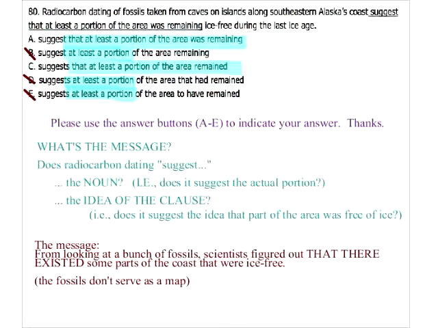Radiocarbon dating doesn't serve as a map. The dating of the fossils doesn't serve as any kind of map here. So if you pick the ones that are B, D, or E, you'd be saying radiocarbon dating itself, the actual process where you figure out how old stuff is, gives you a map of the area. That doesn't really make sense.